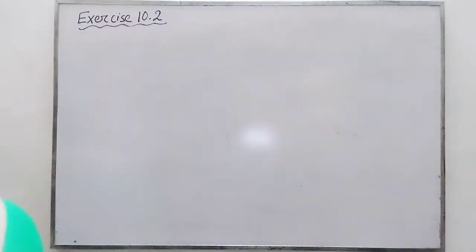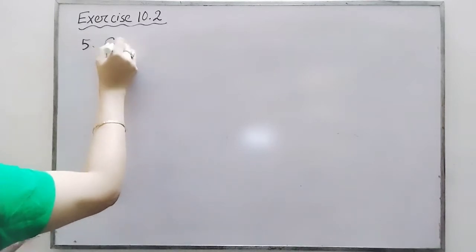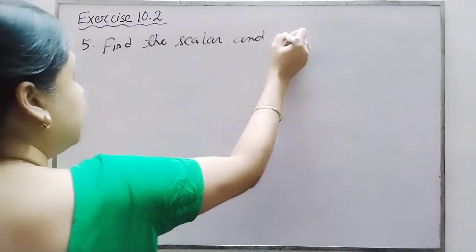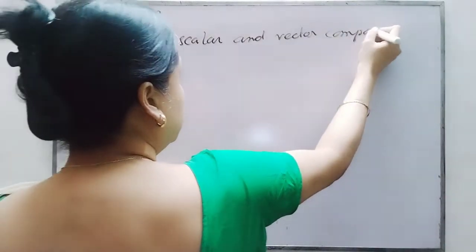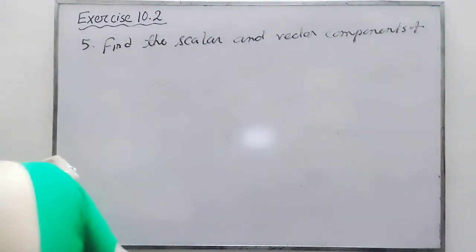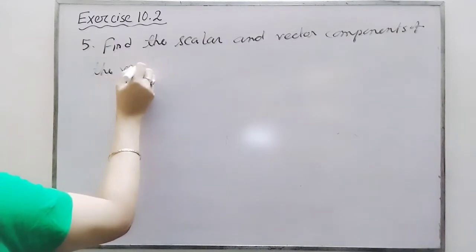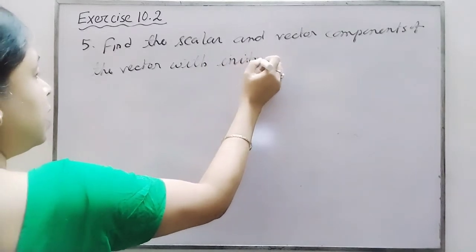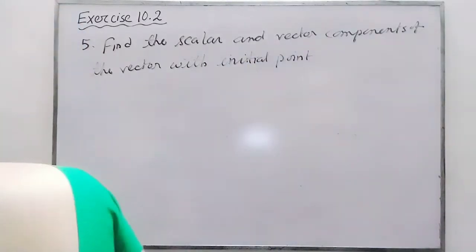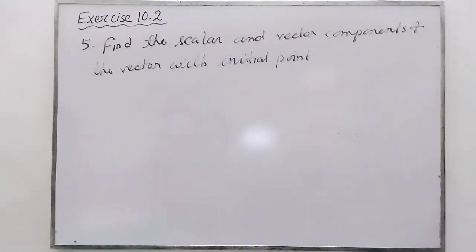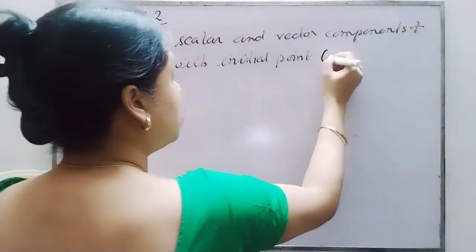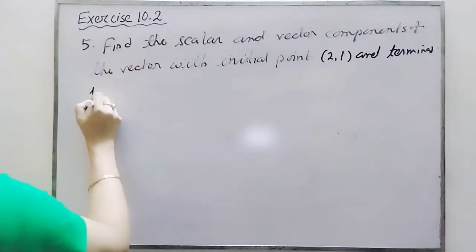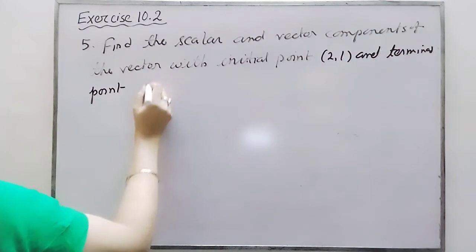Your question number 5 is find the scalar and vector components of the vector with initial point 2, 1 and terminal point minus 5, 7.